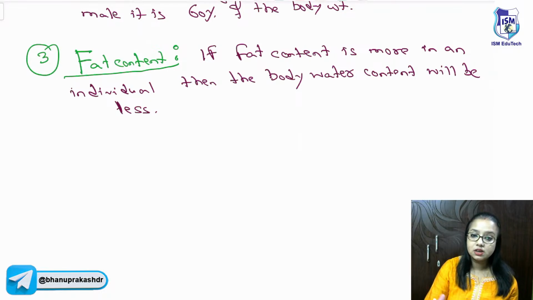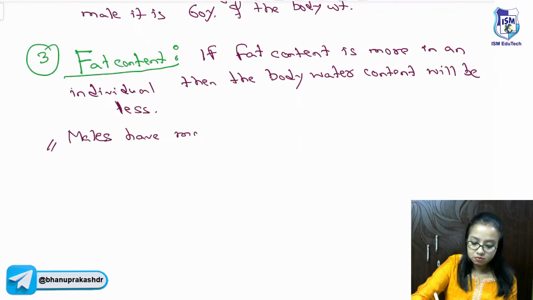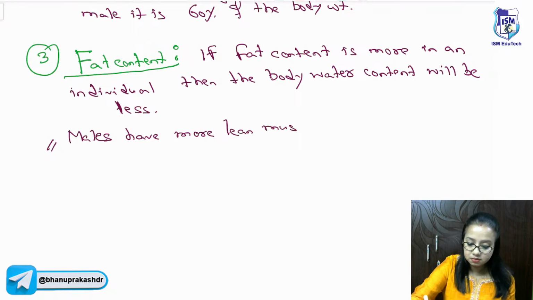females. Because in an adult female, of any age compared to usually that of a man, the subcutaneous adipose tissue happens to be a little more in females compared to the male. Males have more lean muscle.